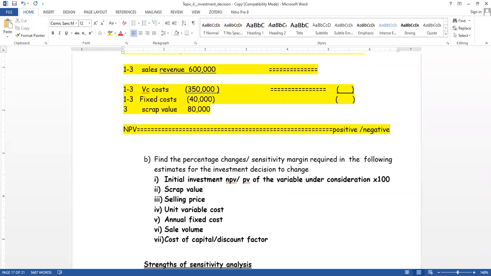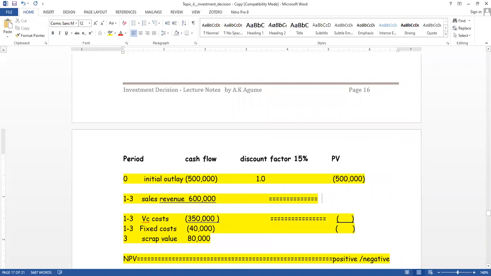Okay. If it is negative, then the project is not viable. But if it is positive, then that means that the project is viable. So if you go to look at the sensitivity, because remember we are looking at these variables: initial outlay or initial investment, sales revenue, variable costs, fixed costs, and also that value.